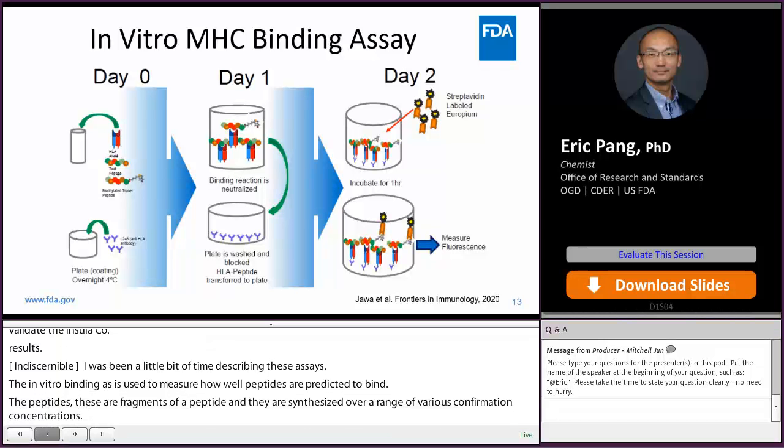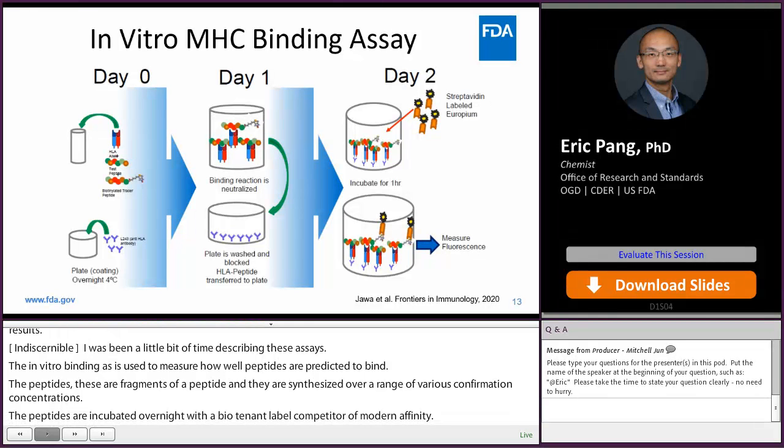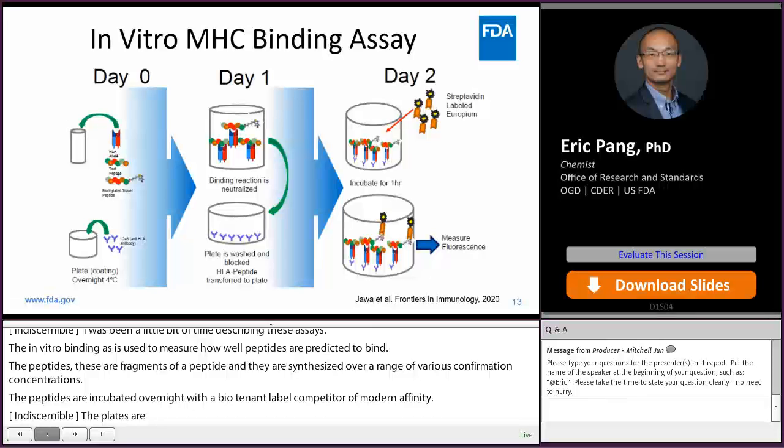Then the reaction is halted and the mixture is transferred to a plate coated with anti-HLA antibody. The plates are developed the next day, and upon adding streptavidin and europium, fluorescence is measured. If you want to learn more about this assay, I refer you to this paper by Jawa and colleagues.